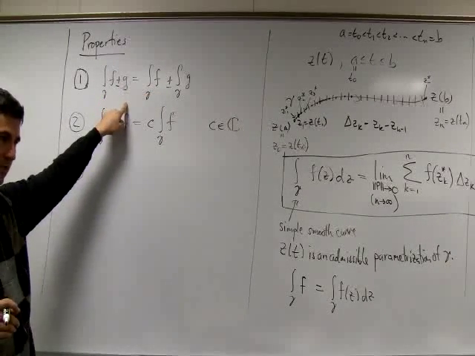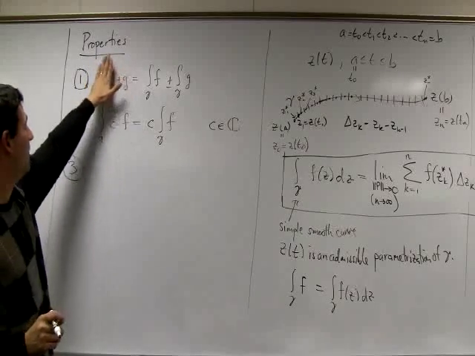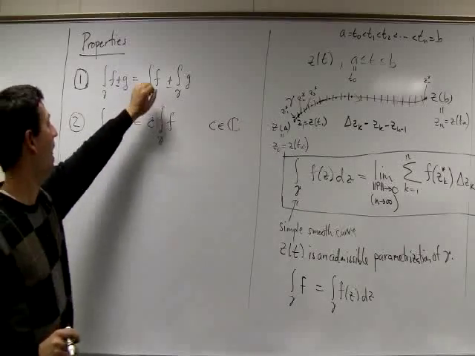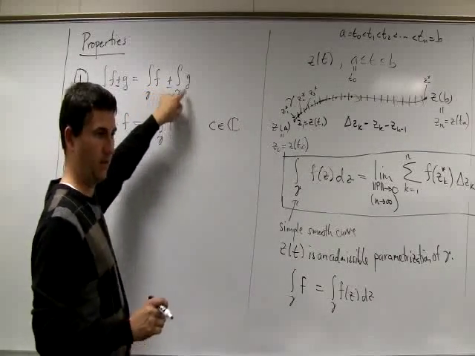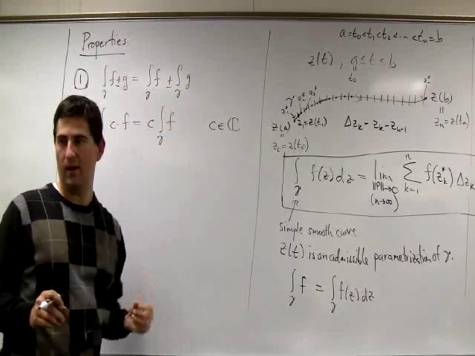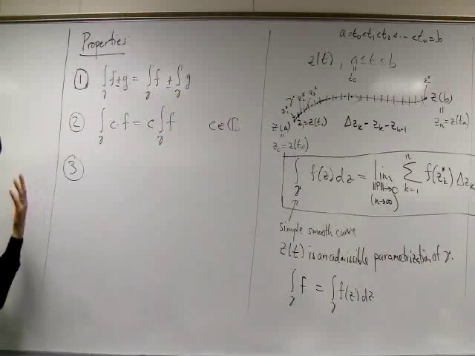It could be the case that this integral exists and that these two integrals do not exist individually. Right? For instance, if you just think of the real case.